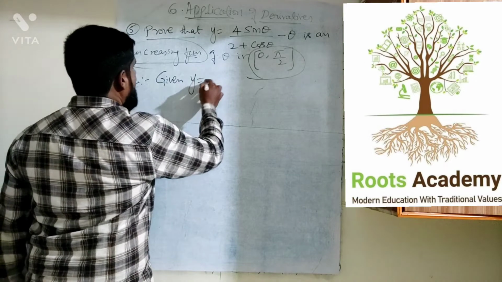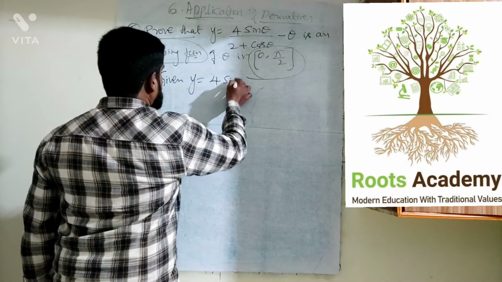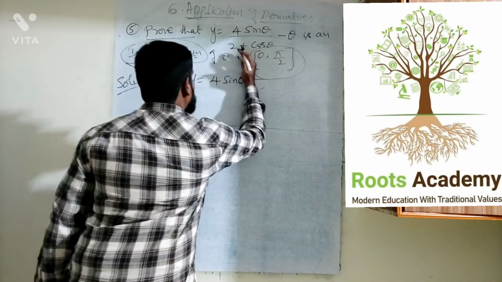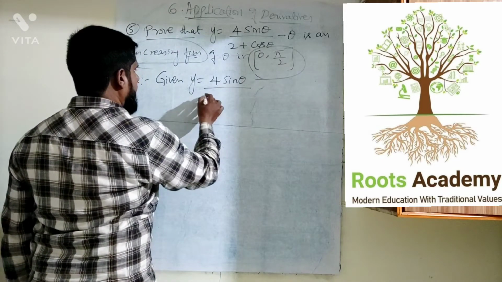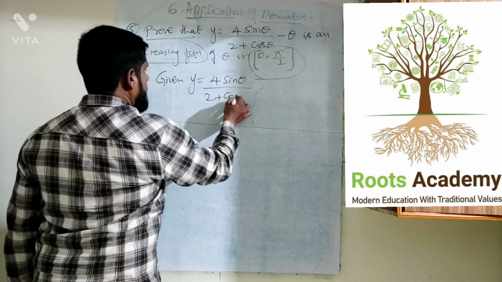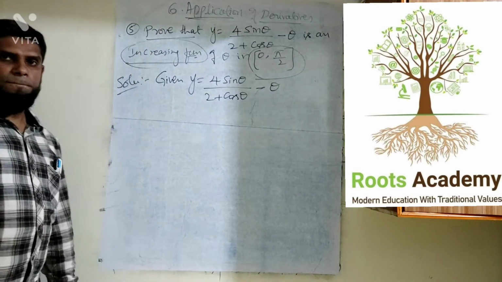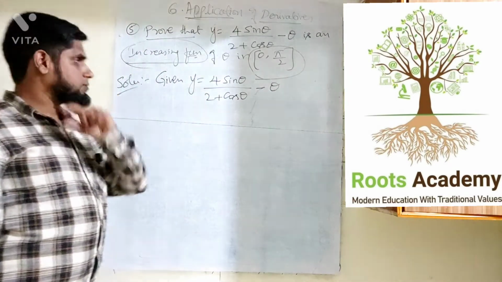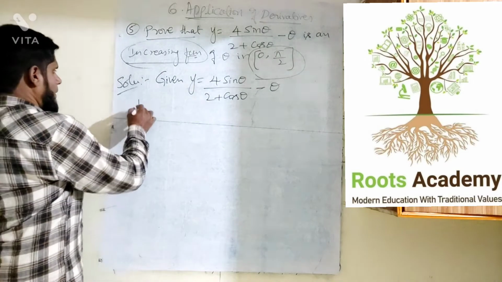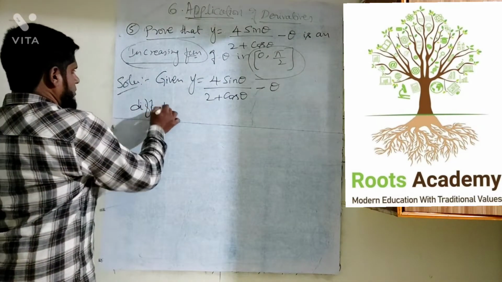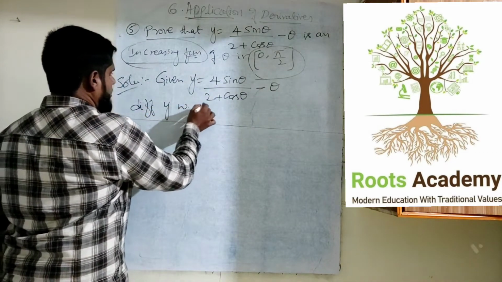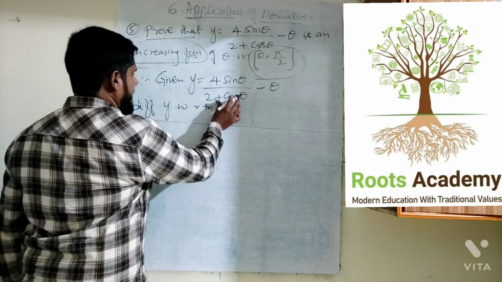Solution. Given y is equal to 4 sin theta divided by 2 plus cos theta minus theta. Differentiate y with respect to theta here.